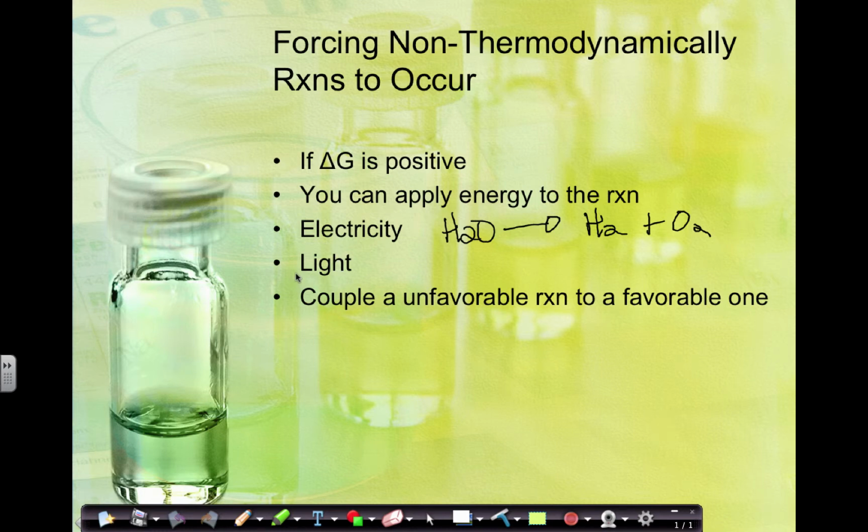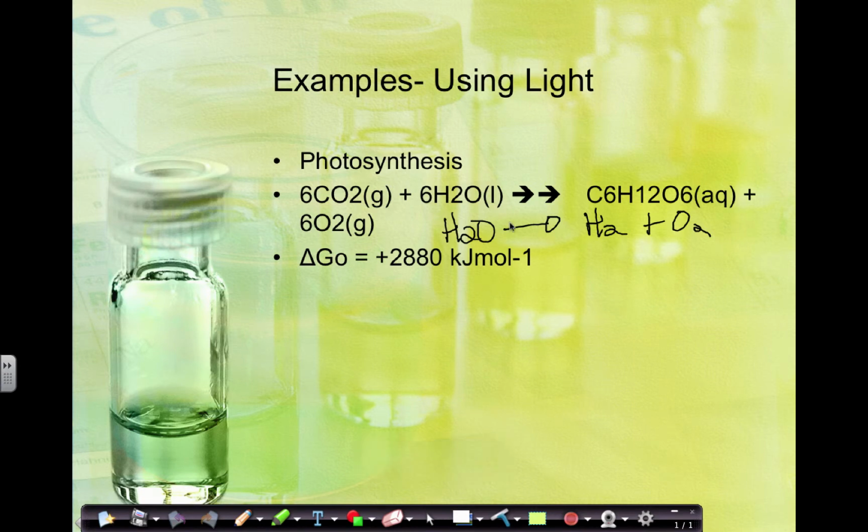I could also add another energy source like light, or I could couple an unfavorable reaction with a favorable one, and this happens in your body all the time. So photosynthesis is a reaction in which I make C6H12O6, so glucose, which is a high energy product. So normally this would be a very non-spontaneous reaction, but it's photosynthesis. We add light energy to it to make it happen. So even though delta G is positive, the reaction will still happen because we can force it to happen by adding more energy.